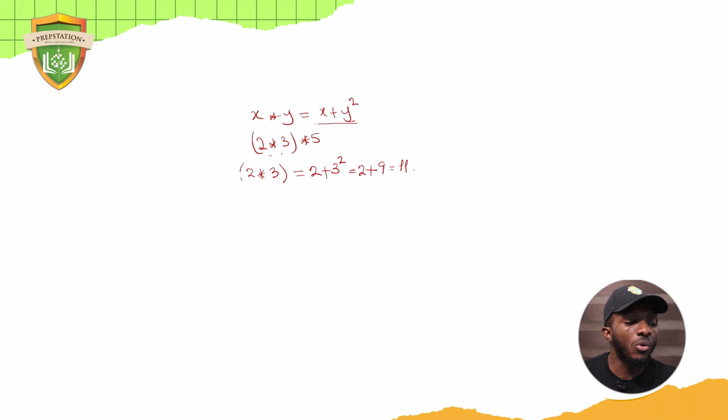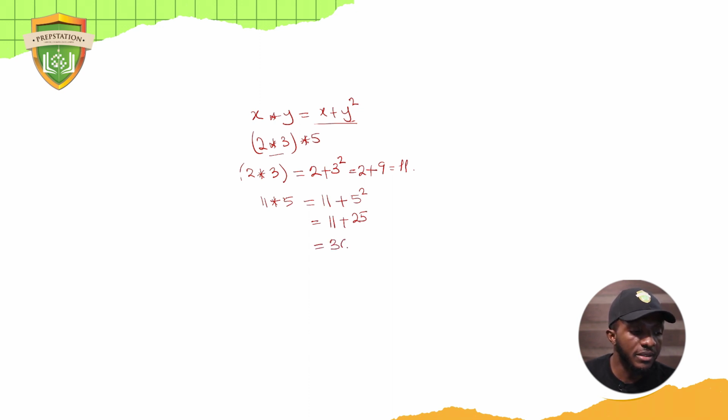Now that is us dealing with what is in the bracket, so we can bring that out: 11. Remember this, 11 operator 5. Now let's work with that. This is 11 plus 5 squared, which is 11 plus 25.